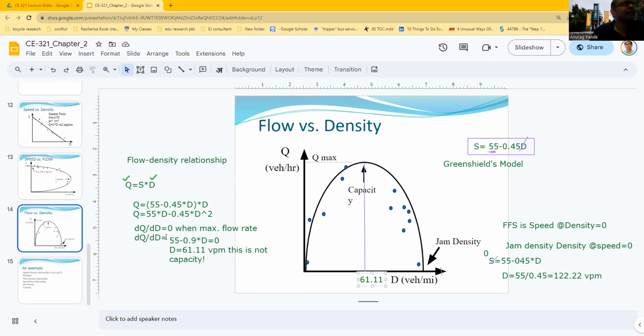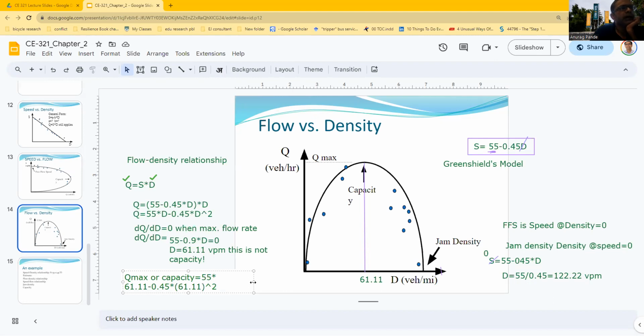Now, if I want to find capacity, that's pretty simple. I can just plug the value 61.11 into my equation. If I want to find what I call Q max, or capacity, it is obtained by plugging in: 55 times 61.11 minus 0.45 times 61.11 whole squared.